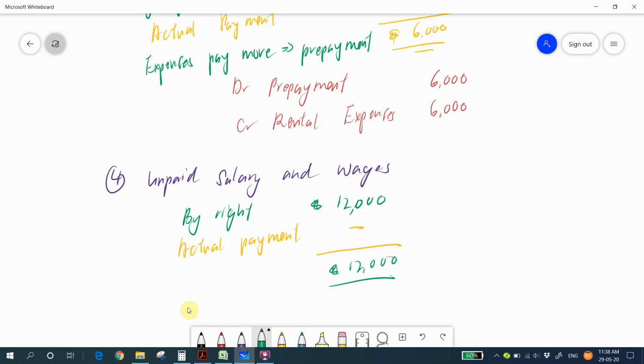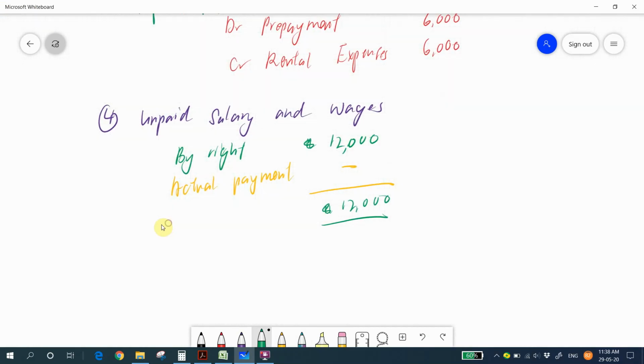And is this 12,000 expenses pay more or expenses pay less? The answer is expenses pay less. By right, we have to pay 12,000 to our workers as the salary and wages for 31st December 2017. But in actual, we did not pay anything to them. We only pay them next year.